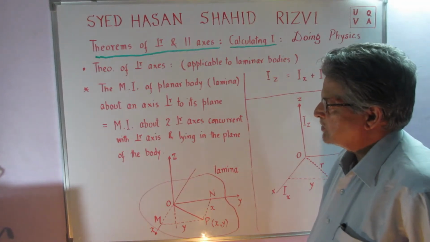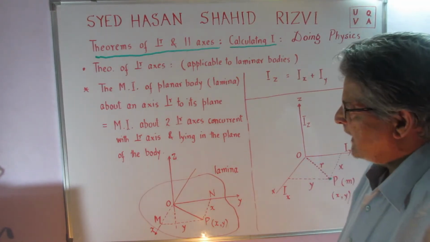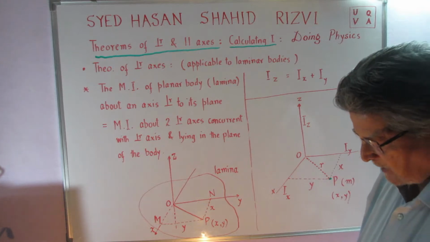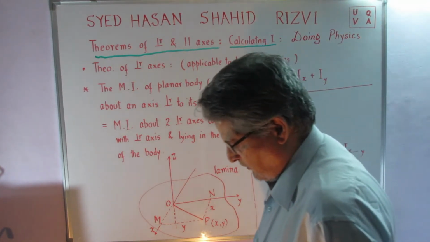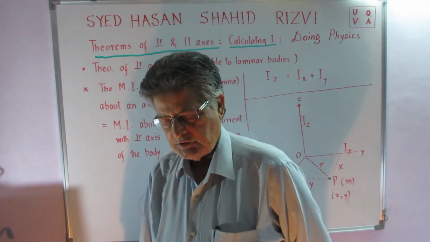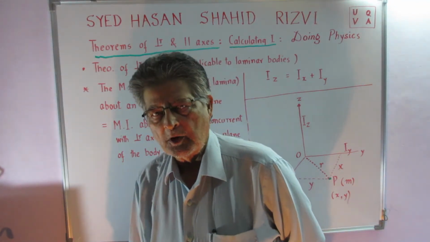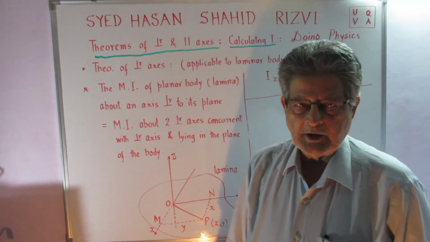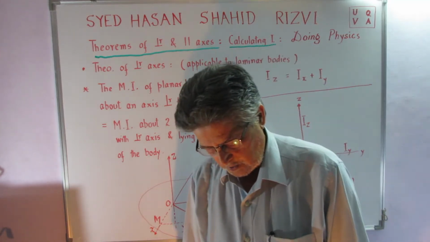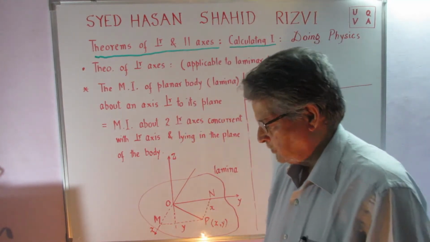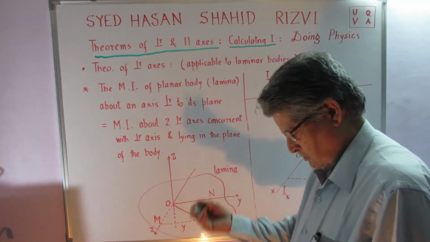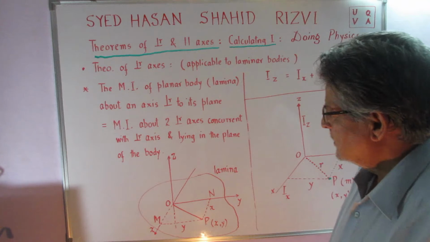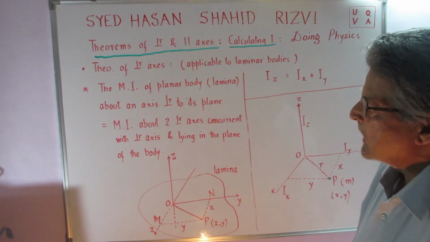So in the previous outing, we had calculated the moment of inertia about various axes of some regular bodies like a ring or a rod, as also a disc, as also a cylinder, through various axes.